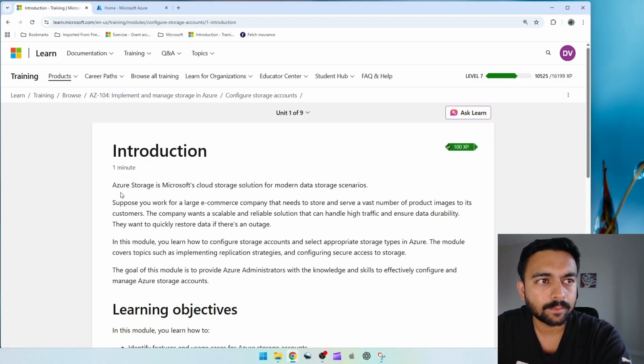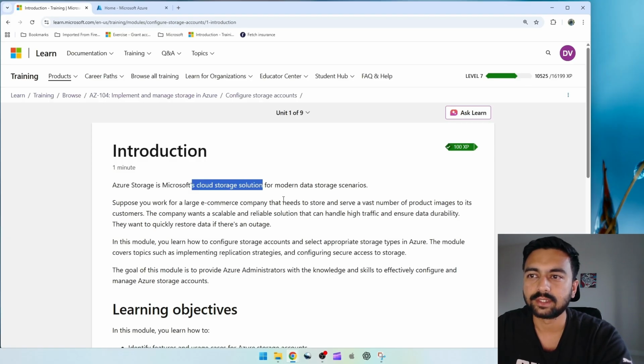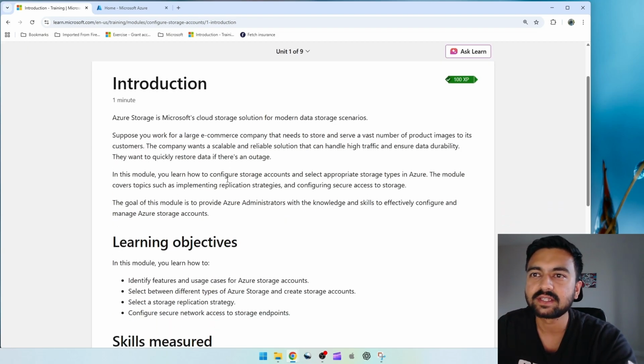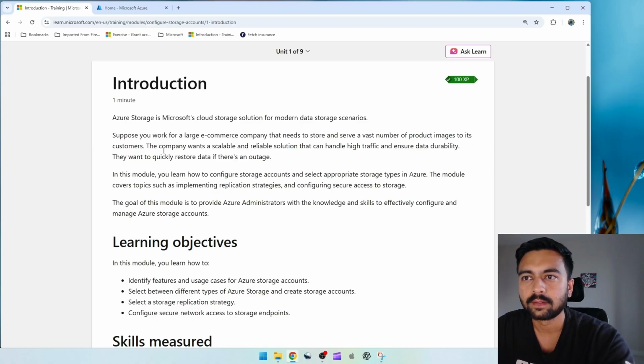Introduction. What is Azure storage? Microsoft's cloud storage solution for modern data storage scenarios. And this explains it in a good way. This is just an example.